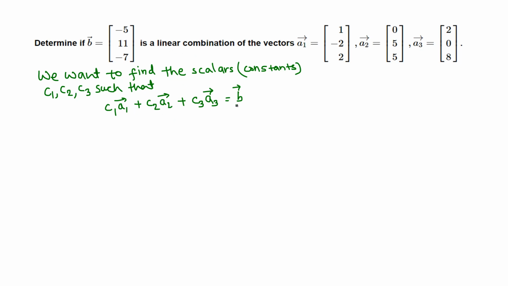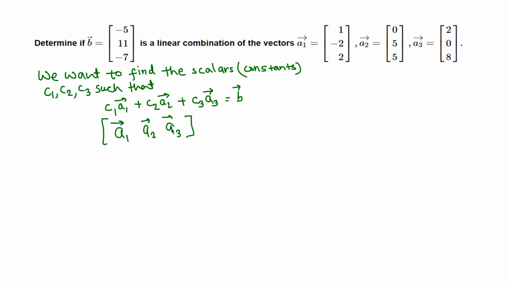So this vector equation, instead of writing these vectors, I am just using a1, a2, a3 for now. This is the same as if we leave the a1 vector as one column, the a2 vector and the a3 vector, making this a matrix.